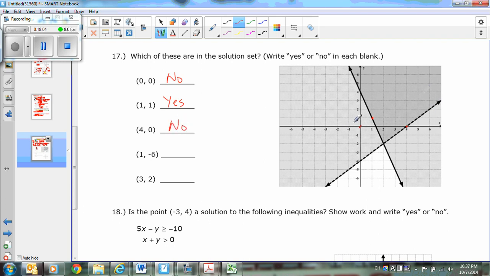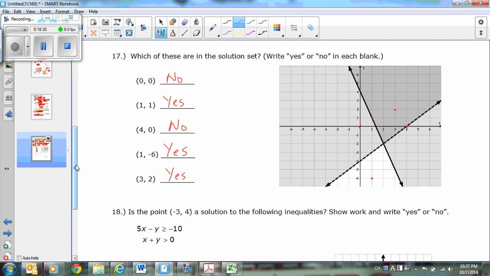And then the point 1, negative 6, I'm going to go to the right one and down 1, 2, 3, 4, 5, 6. Clearly this is not in the solution set. It's in neither of the single linear inequalities. And then finally 3, 2, if I go to the right 3 and up 2, that lands in our shaded solution set area, so we would say yes to that one.